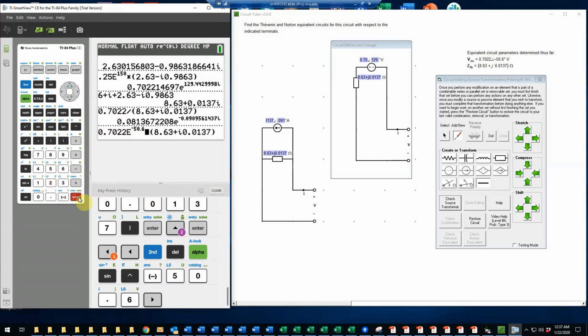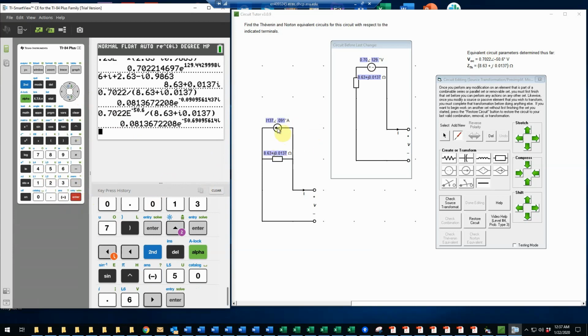Okay, so now we click enter. And so now we'll correct this value. Well, the magnitude, yeah, it's just a phase angle change. That's why that phase angle came out so small, actually, it was just incorrect. So that's negative 50.69. And let's try that now.